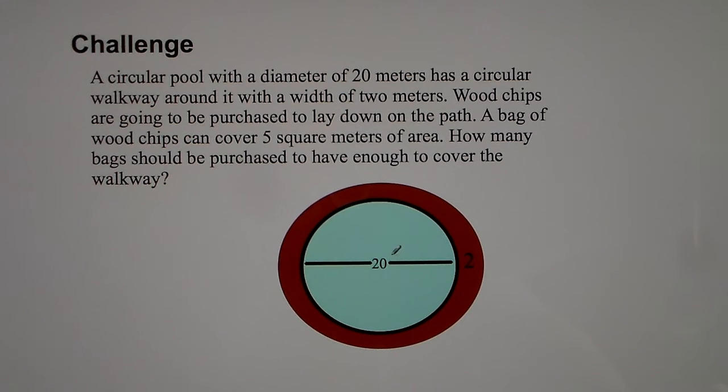So now, something to consider. I just made a nice little picture. It's 20 in diameter. If you add an extra 2 on each side, we could find the circumference of the big circle too.